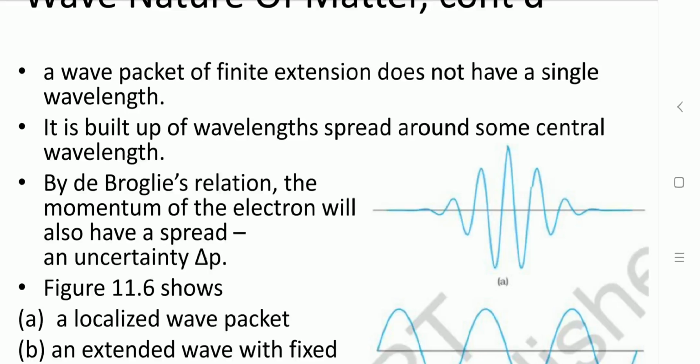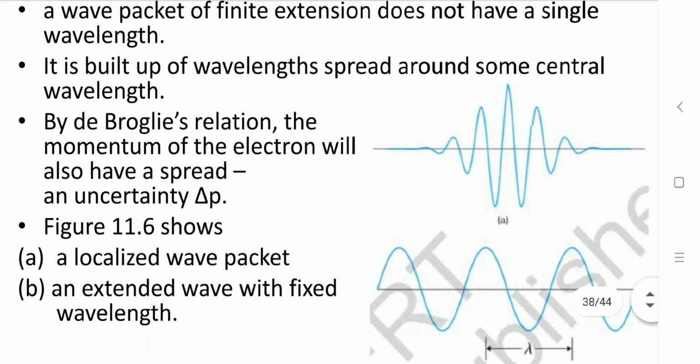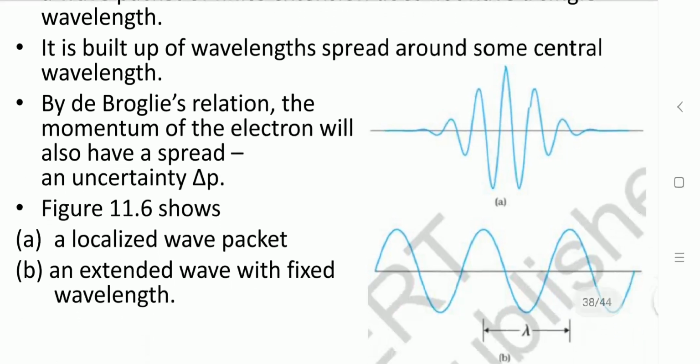By the de Broglie relation, the momentum of the electron will also spread by the uncertainty delta p. Diagram A shows a wave packet, and diagram B shows the extension of a single wavelength.